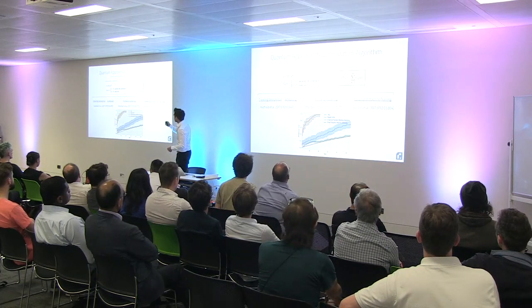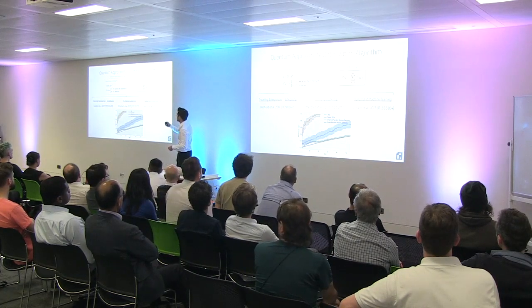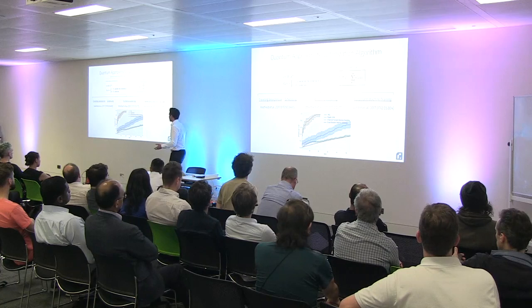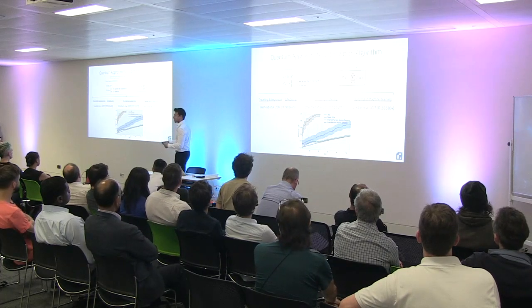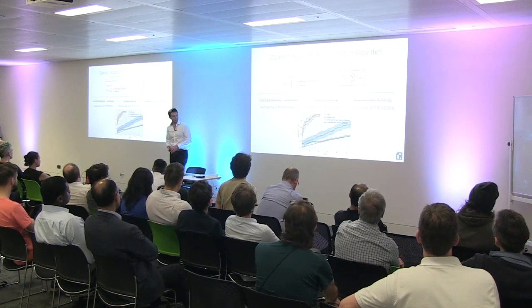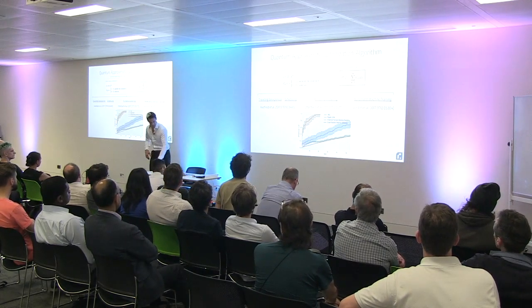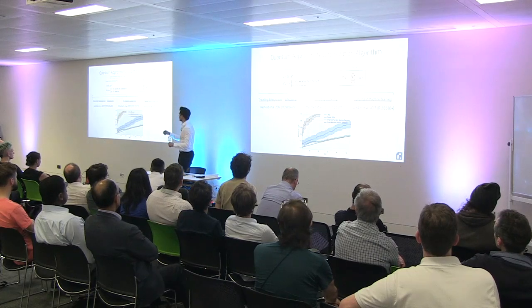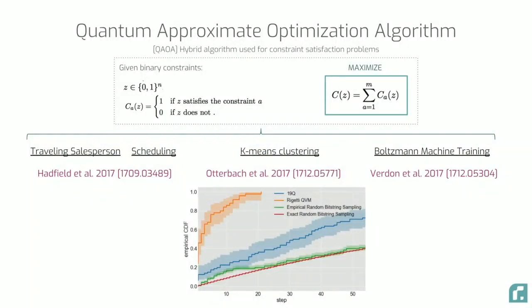So I have some set of these constraints, and my job is to find the bit string that either maximizes or minimizes the value of this constraint function. So it's pretty general. In general, it's NP hard. The idea here is not that quantum computers are going to solve every NP hard problem. It's instead to recognize that classical computers, heuristically and in practice, can solve some classes of problems that, in theory, are actually very hard.